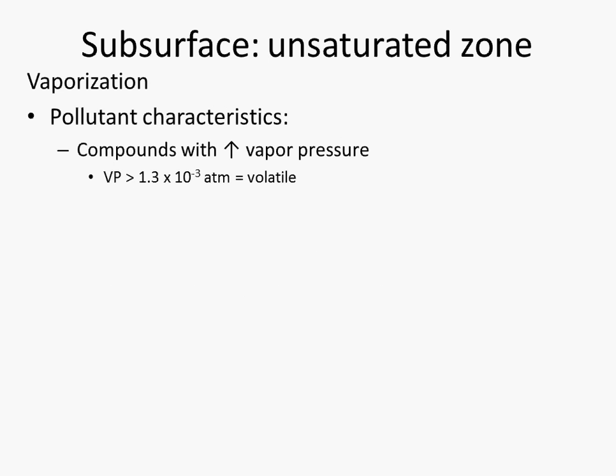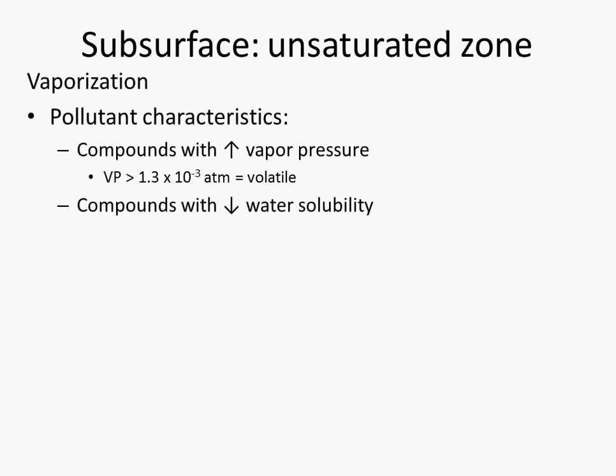Okay, so in general, we've talked a lot about pollutant characteristics and what characteristics make a pollutant want to go into what state. So here's more along those lines. Compounds with a high vapor pressure tend to be more volatile, and a vapor pressure typically greater than 1.3 times 10 to the negative third atmospheres is considered to be a relatively volatile chemical.